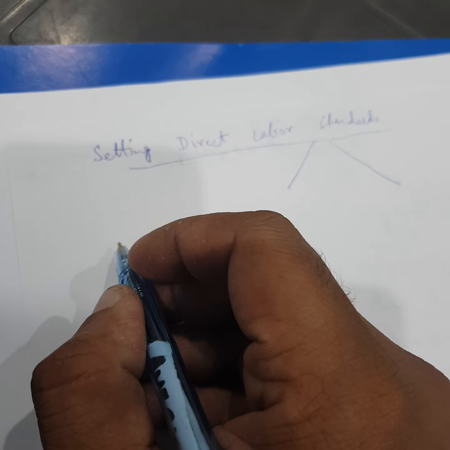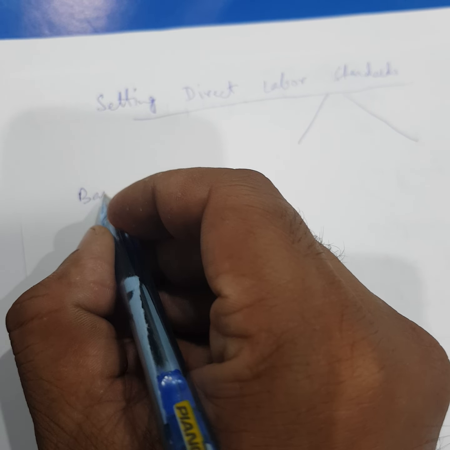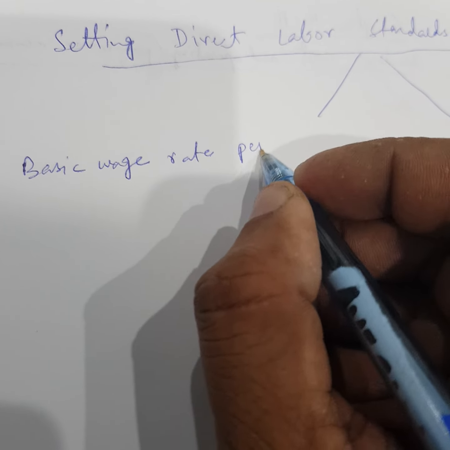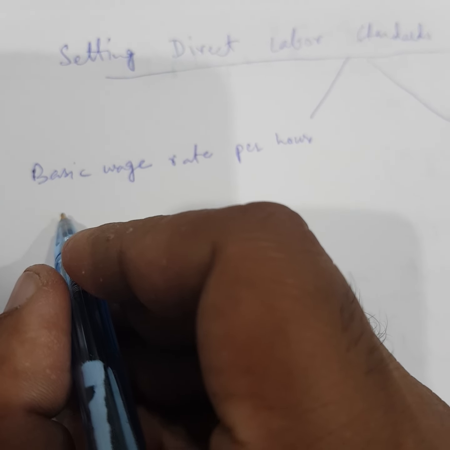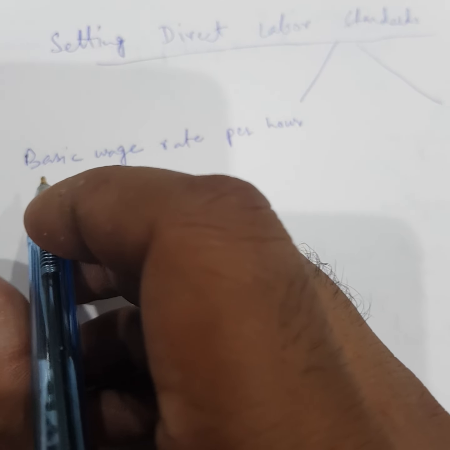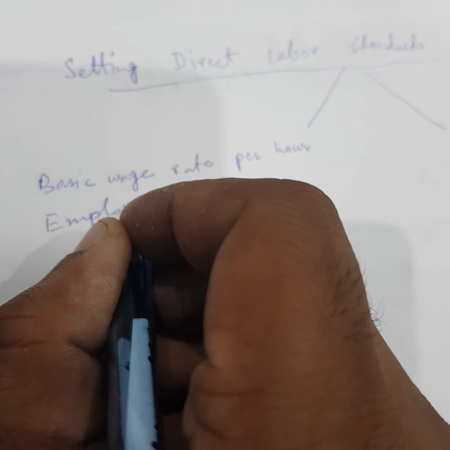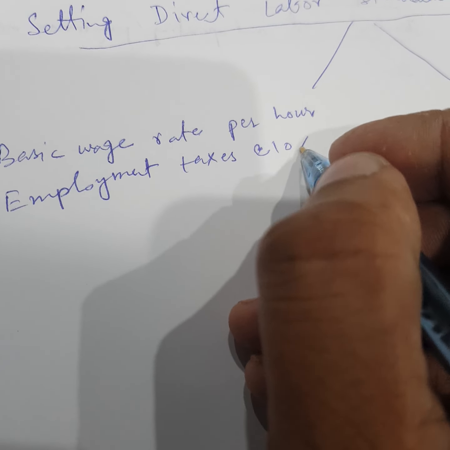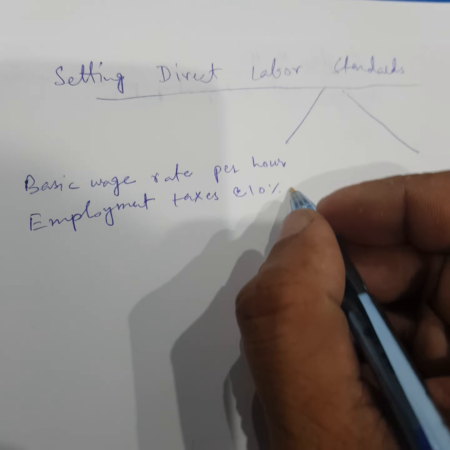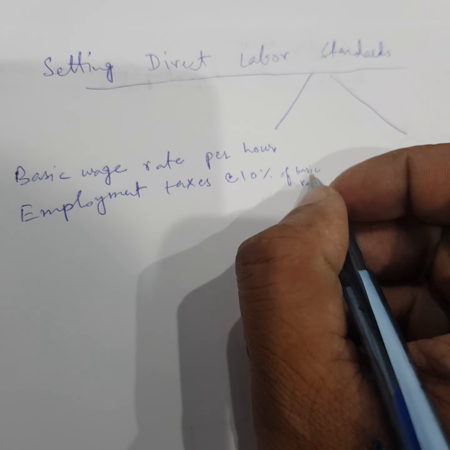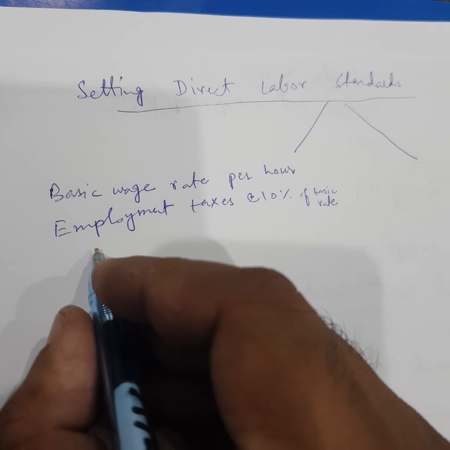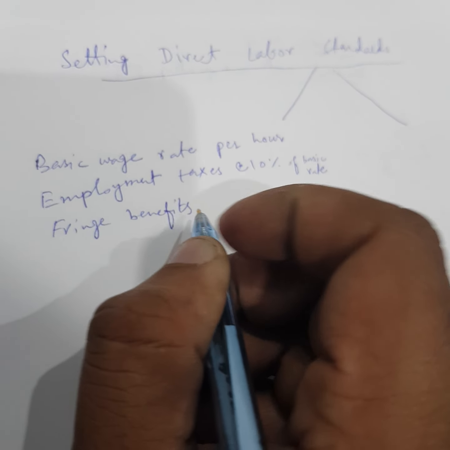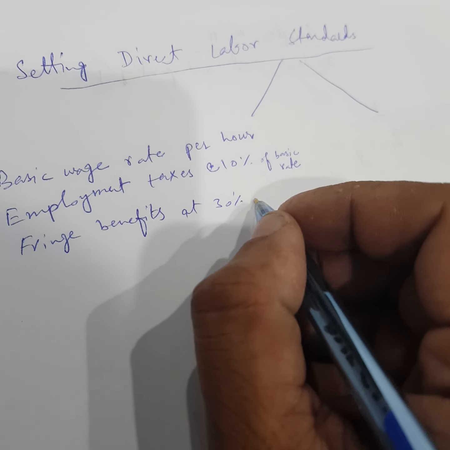One part is basic wage rate per hour, plus employment taxes at the rate of 10% of basic rate, plus fringe benefits at 30% of basic rate.